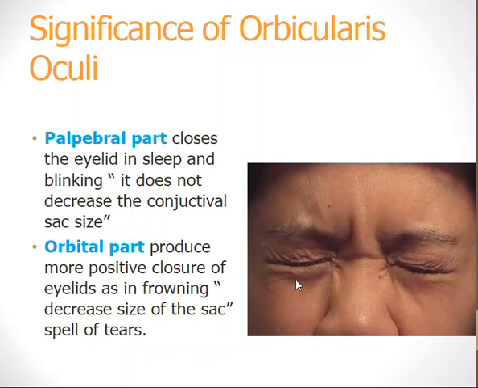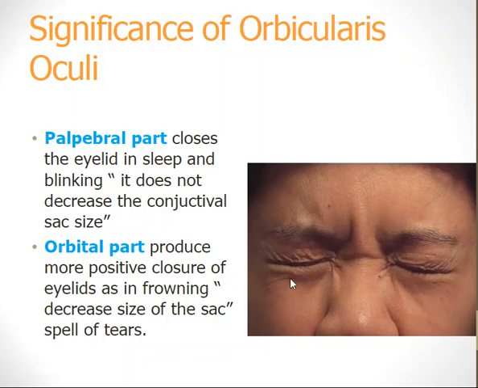For example, when an irritating substance enters the eye, the person tries to squeeze his eyelids to push out these irritating substances, and this is called frowning of the eyes, like in the picture here.